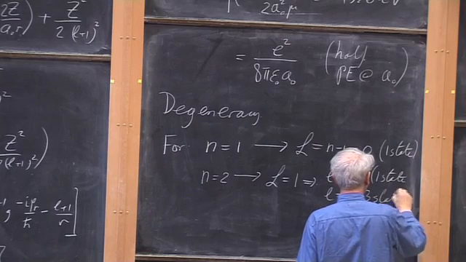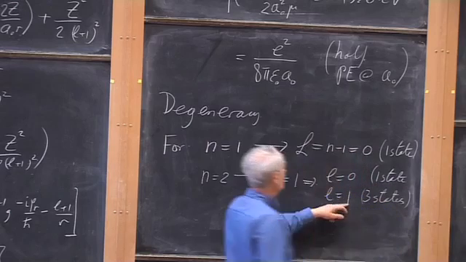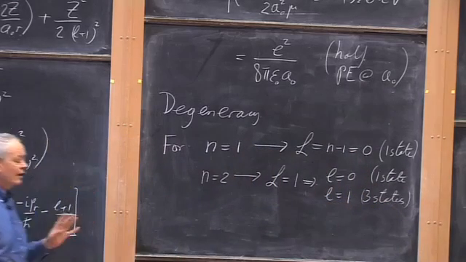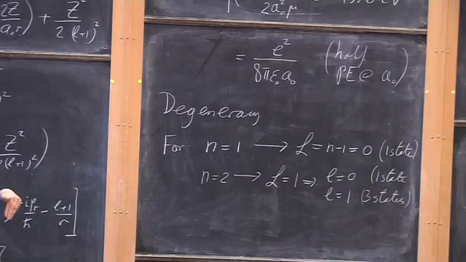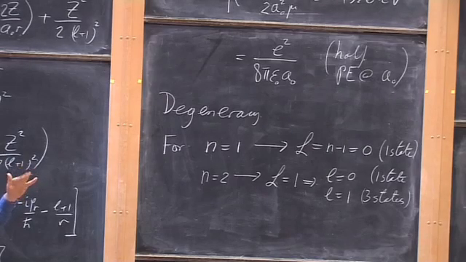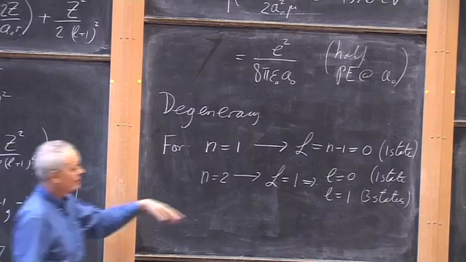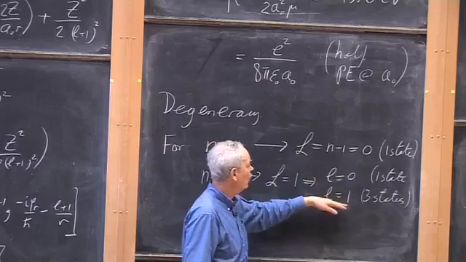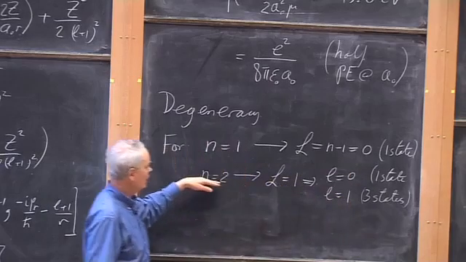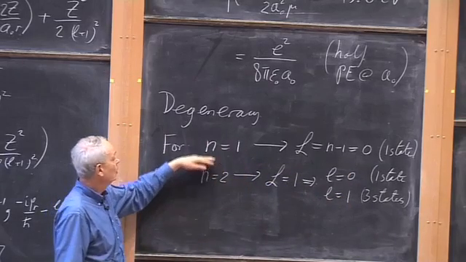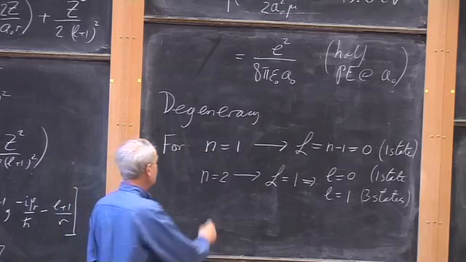Because for L equals 1, we've got total angular momentum 1, which means we've got three possible orientations of it. M can be 1, nothing, or -1. So we have three quantum states here, one here. So we've got four states all with the same energy for n equals 2, 1 for n equals 1, and so it goes down the line.